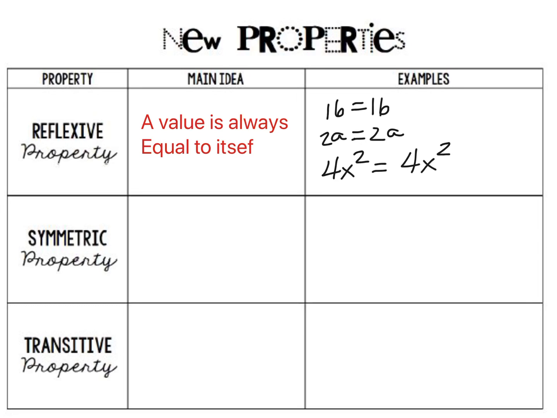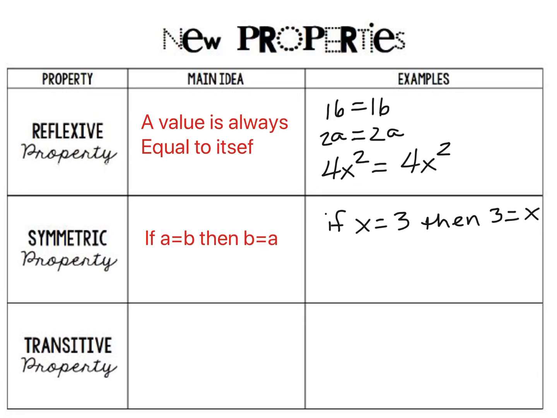Okay. The symmetric property, let's see what it says. The symmetric property states if a equals b, then b equals a. So let's look at an example. If x equals 3, then we can also say that 3 equals x.